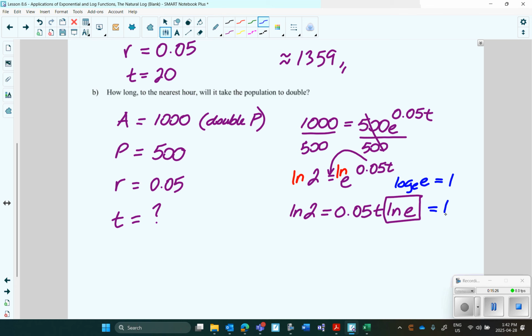So really we can cancel it out because 0.05 times t times 1 is just 0.05 t.